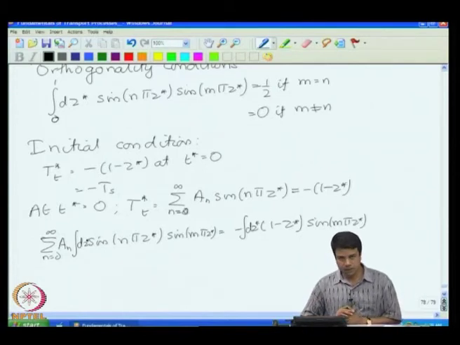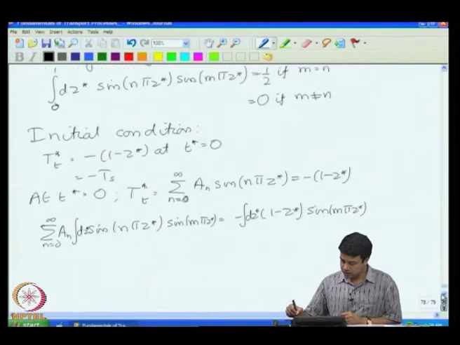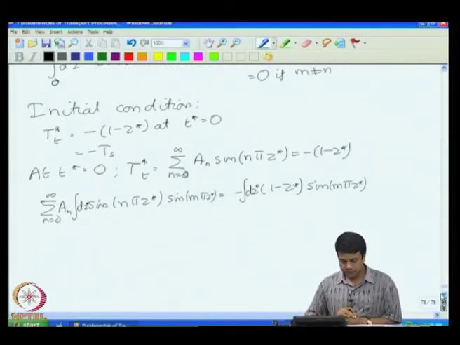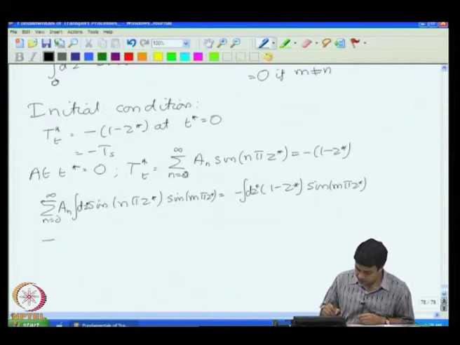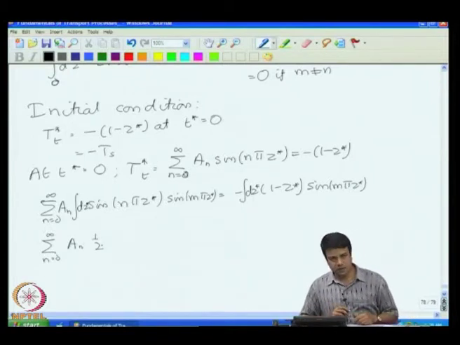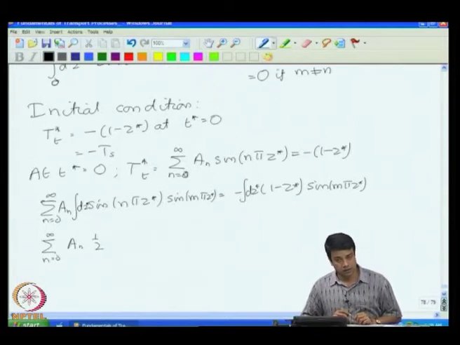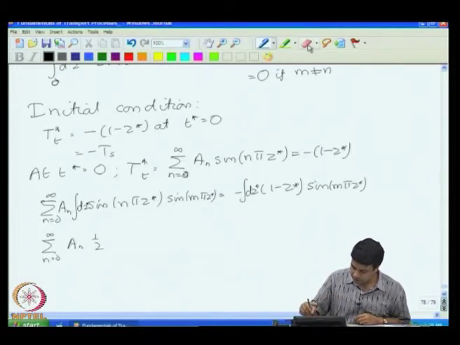I multiply by sine of m pi z on both sides of the equation, and I integrate from 0 to 1. On the left hand side, what do I get? Summation n equal to 0 to infinity of a n times half times something which is 1 if n is equal to m, and it is 0 if n is not equal to m.